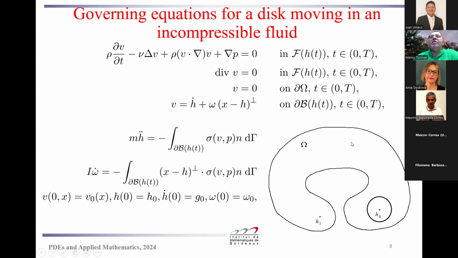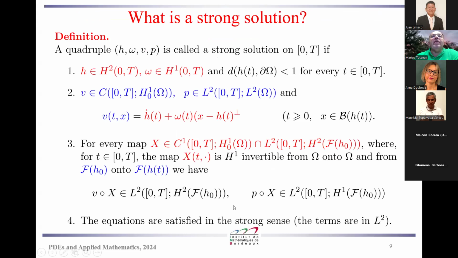If my ball is, for instance, here, I can map the corresponding fluid domain on the fluid domain corresponding to the initial position of the ball. And this change of variable, I denote it by capital X. And then I say that a vector field V, which corresponds to a velocity of the fluid, has a certain regularity if composed to this capital X, it has the corresponding regularity.